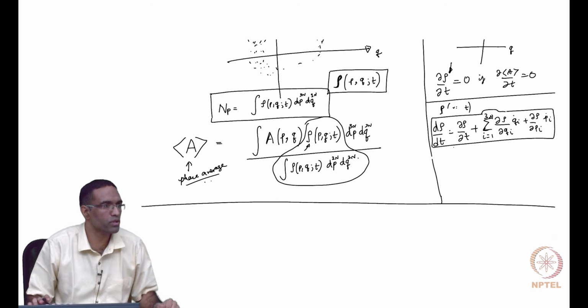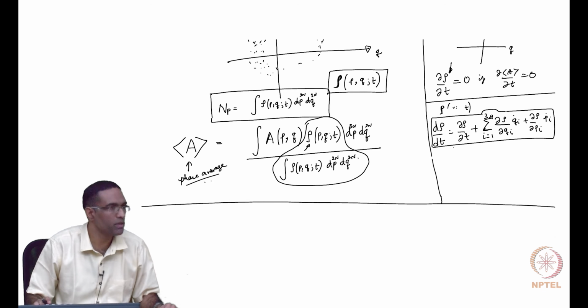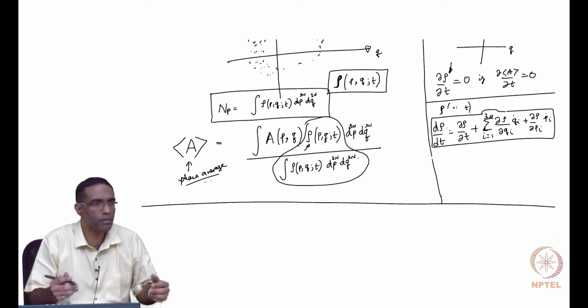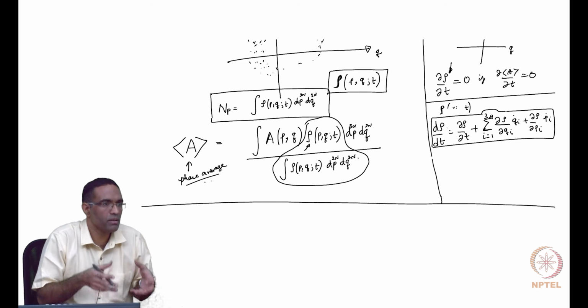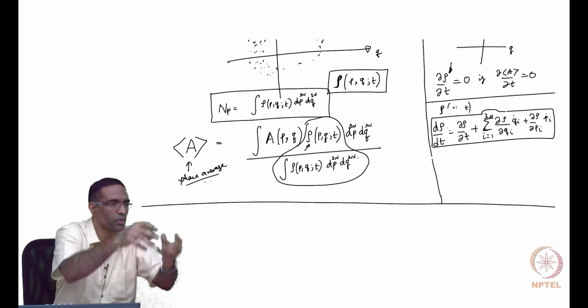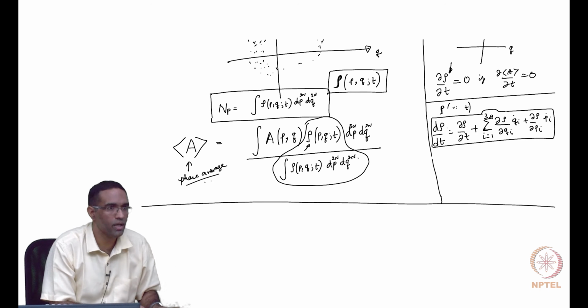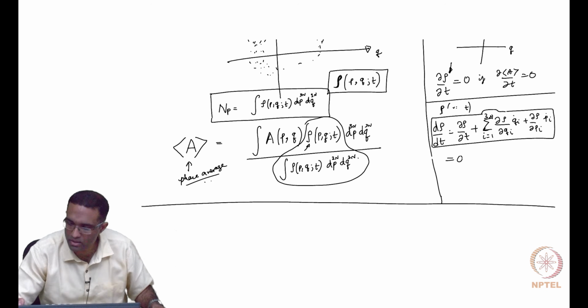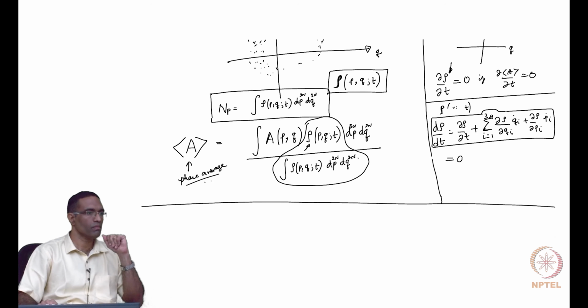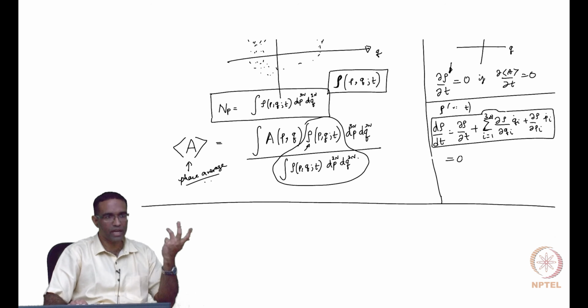There is no reason for us to believe that is going to happen. Therefore, the total number of points with the person traveling with that volume element is going to remain the same. Therefore, this quantity is 0. It is similar to your mass balance idea. Basically, the points in the phase space move like an incompressible fluid.